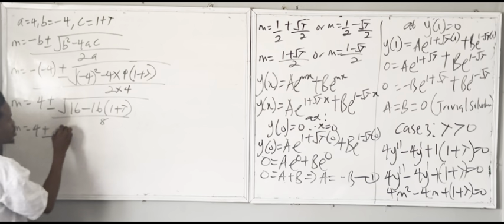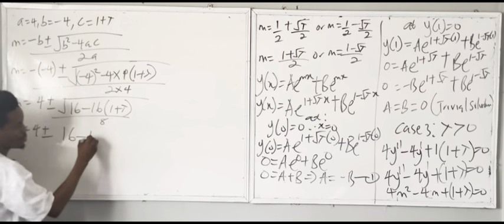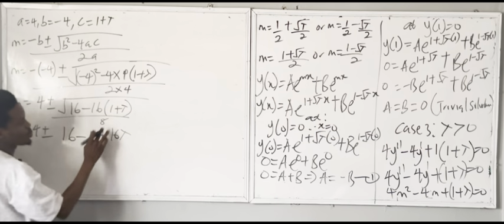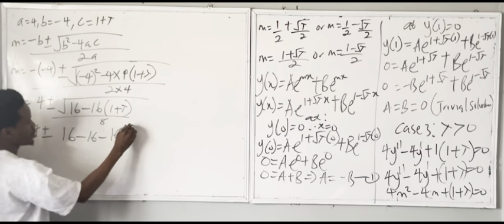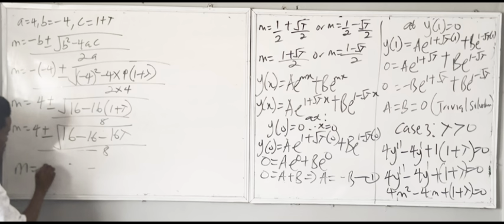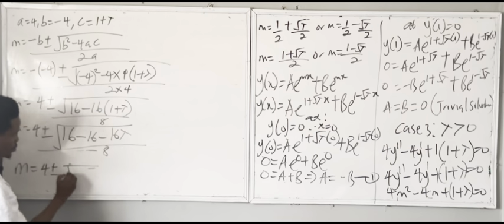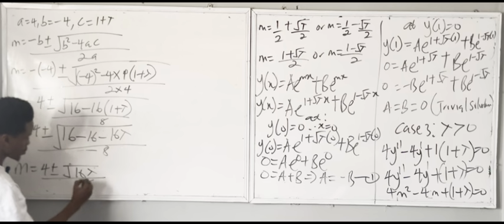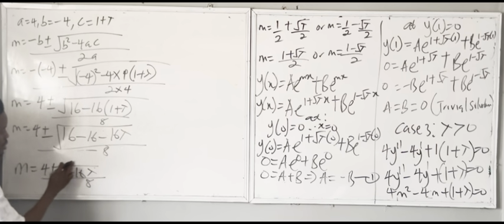So my m is 4 plus or minus square root of 16 minus 16 plus 16 lambda. Minus times plus is minus, so minus 16 lambda. Whenever we have a negative under the square root, this is going to turn to a complex form.